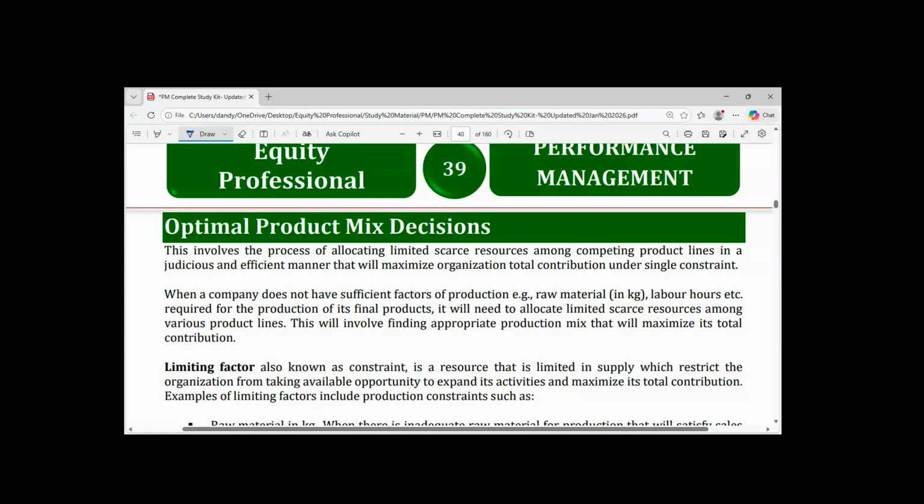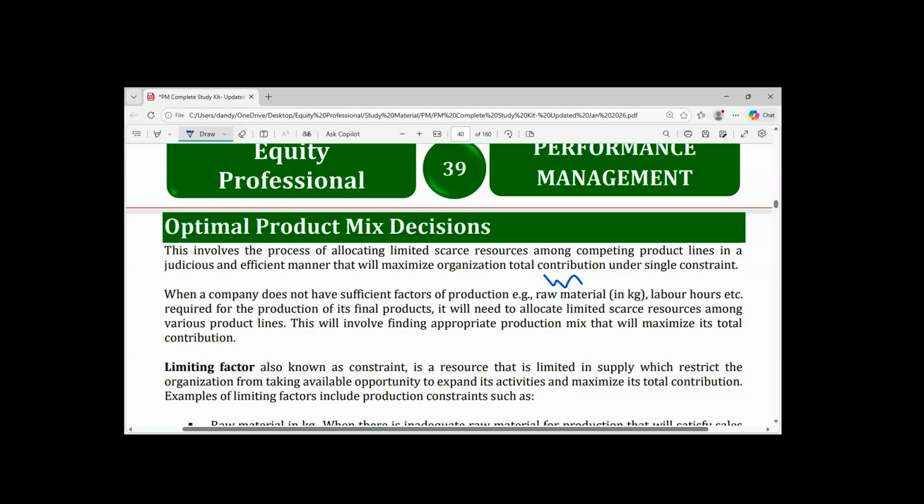The process of allocating limited scarce resources among competing product lines in a judicious and efficient manner in order to achieve the organization's contribution. It should be noted that optimal product mix is used when only one constraint, a single constraint, is limited in supply.